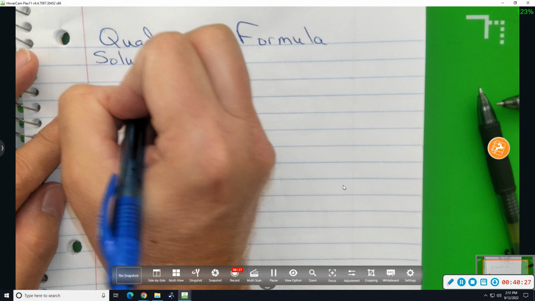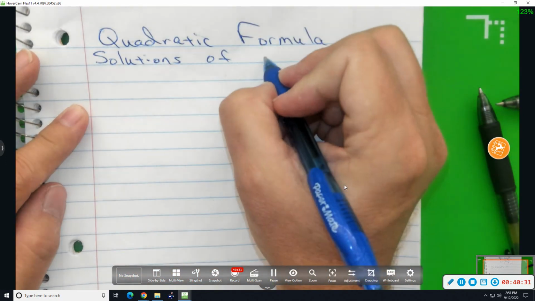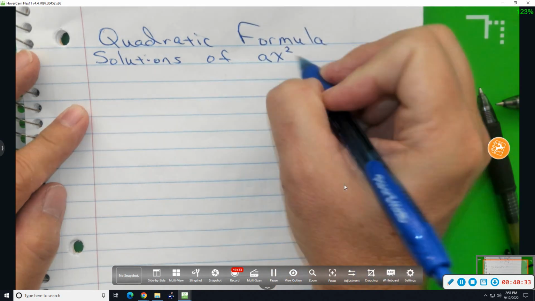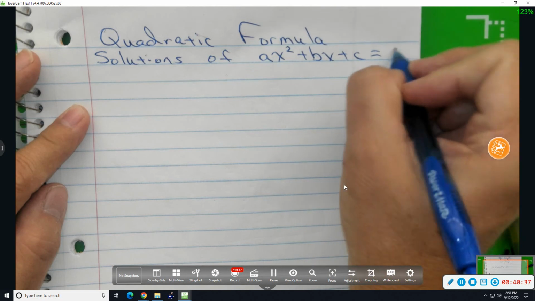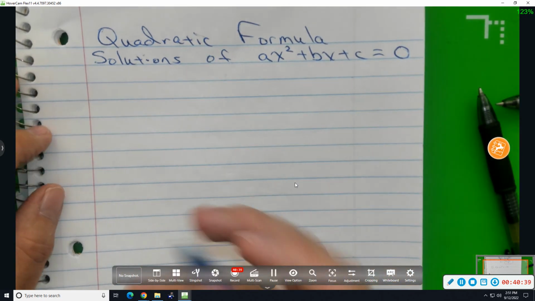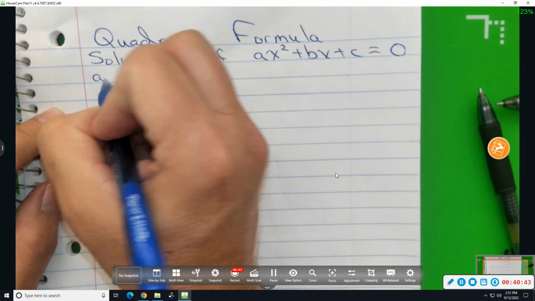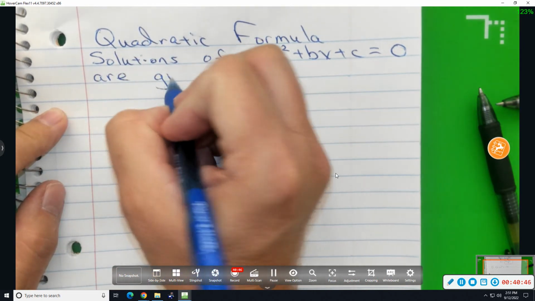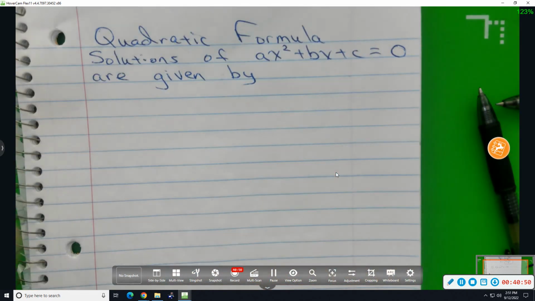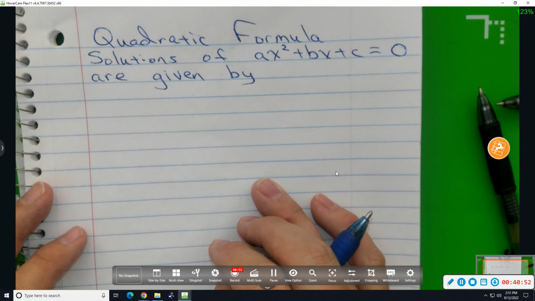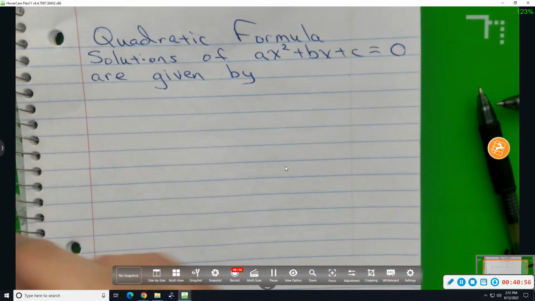I'm going to state the quadratic formula. Solutions of the quadratic equation ax squared plus bx plus c equals 0 are given by a fraction.